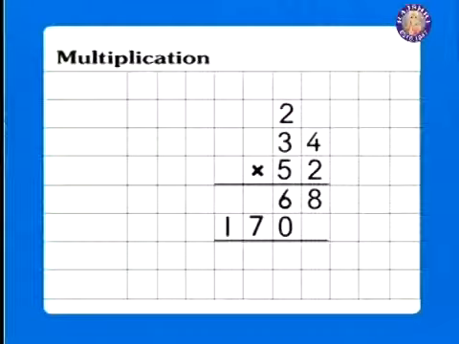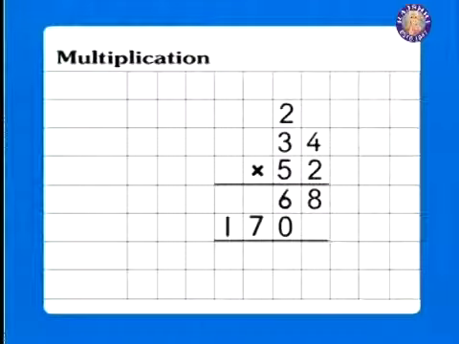Now we have 2 answers. The answer of 34 times 2, which is 68, and 34 times 5, which is 170, written below the answer 68, but offset to the left by 1 place, because 5 is a tens unit.